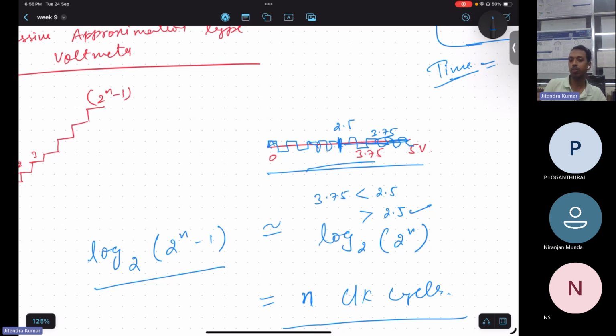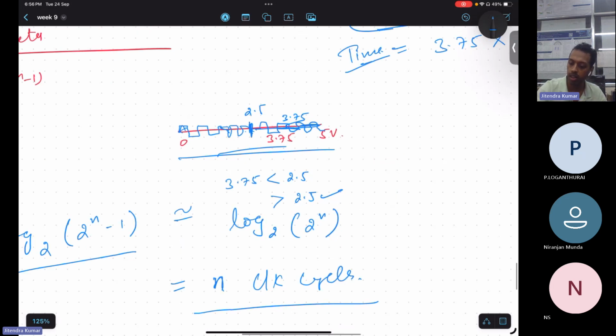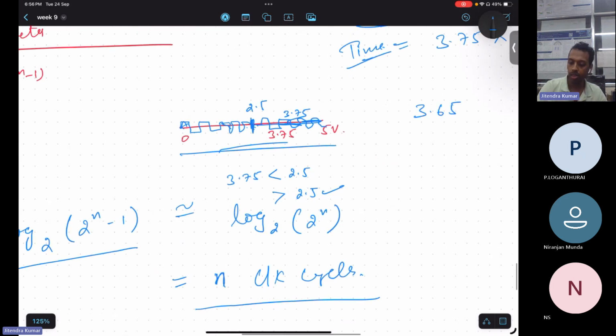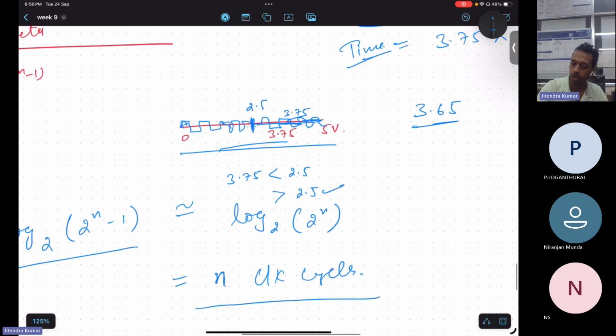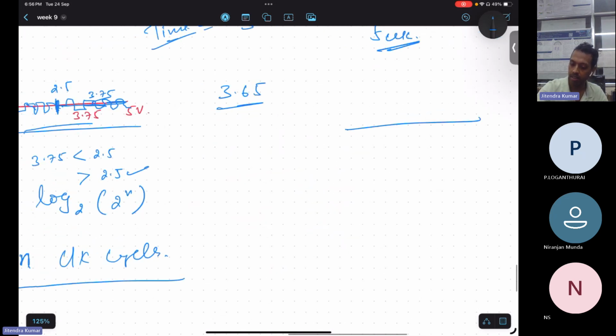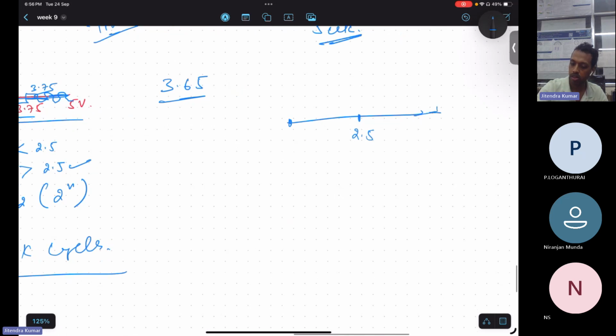And I took this example because 3.75 is convenient. Let us suppose we have to measure 3.65. Now it will check whether it is more than 3.75 or less than 3.75. This is 3.75 and this is 3.65, assume.